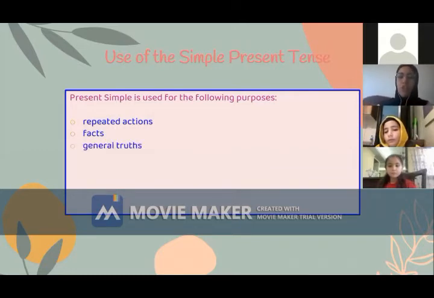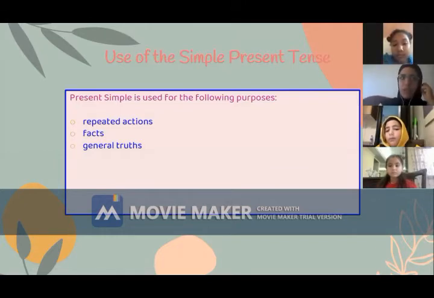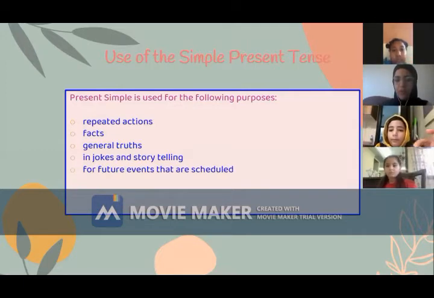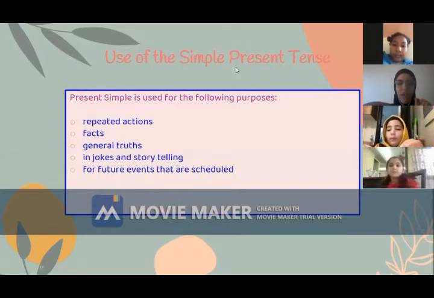Also for general truths, something related to nature or science. Also in jokes and storytelling. Or for future events that are scheduled, planned.